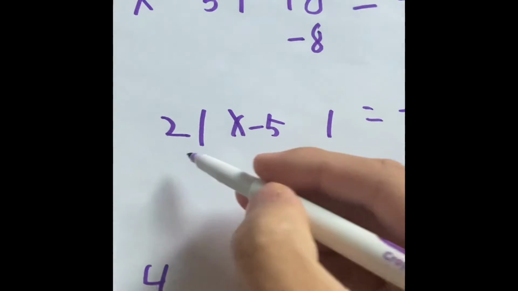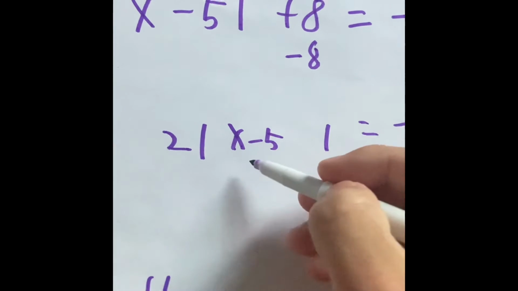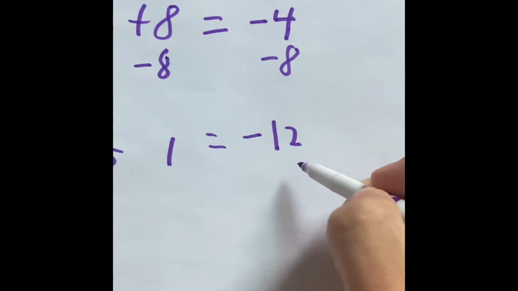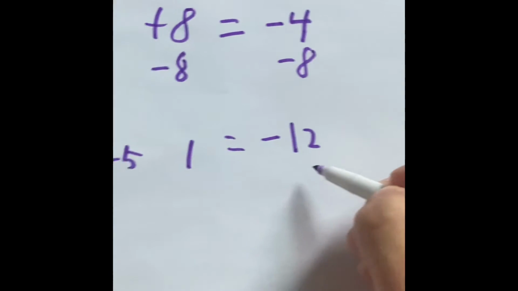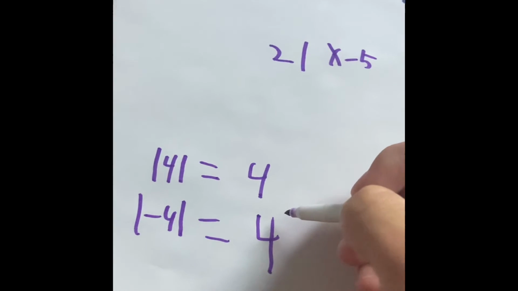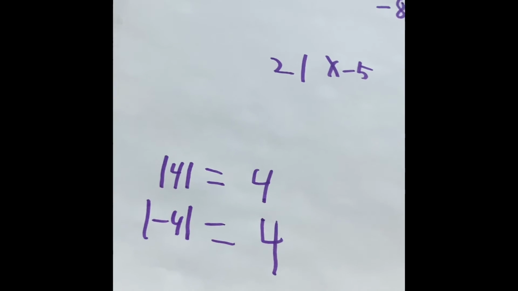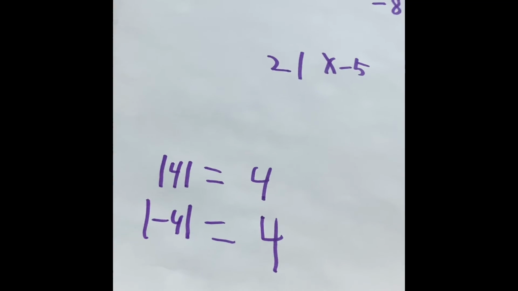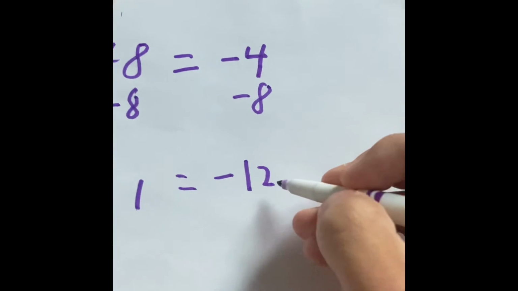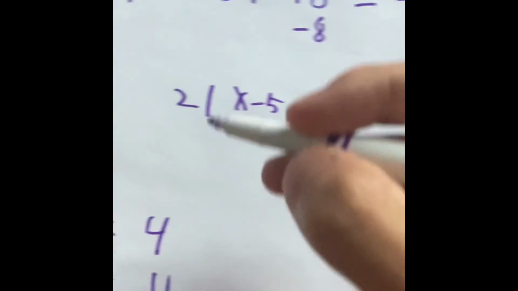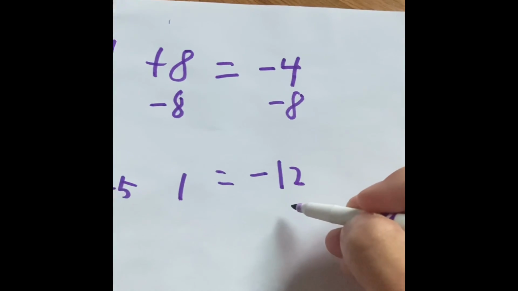Whatever this is, 2 times the absolute value of x minus 5 is going to equal negative 12? Huh? We're looking for a positive. And since there's nothing that can turn it into a negative number, it's not going to work, because we want a positive number, not a negative number.